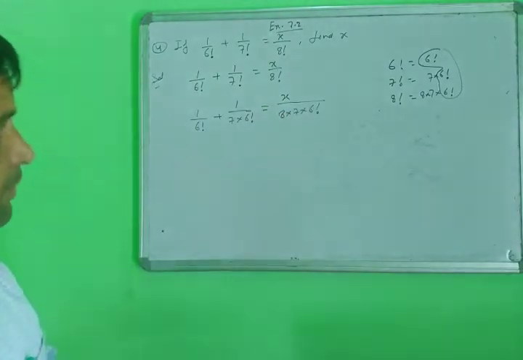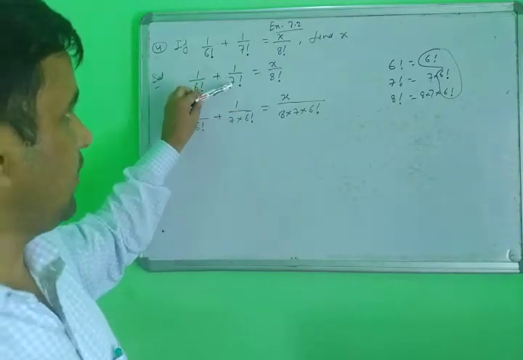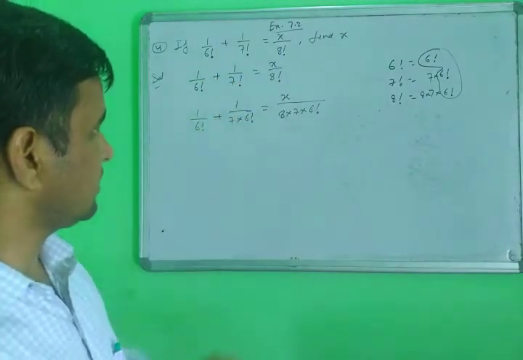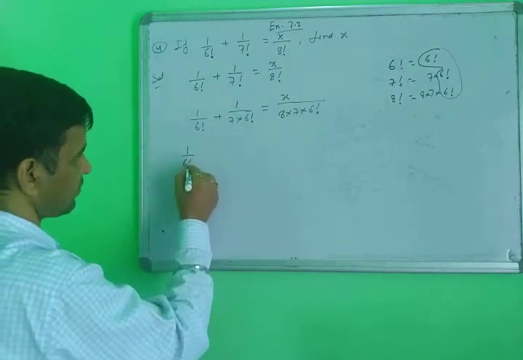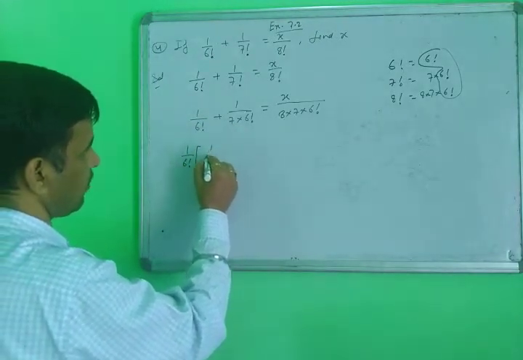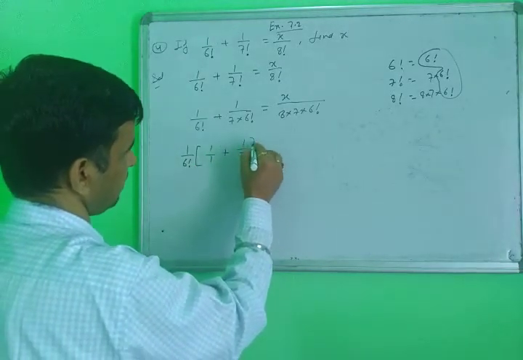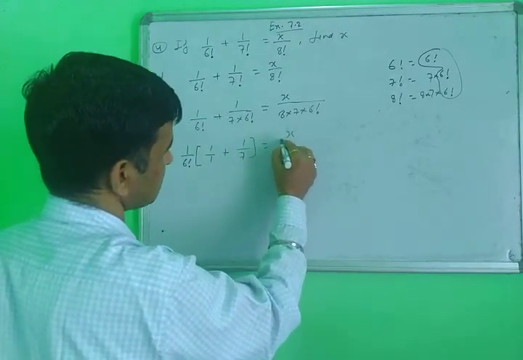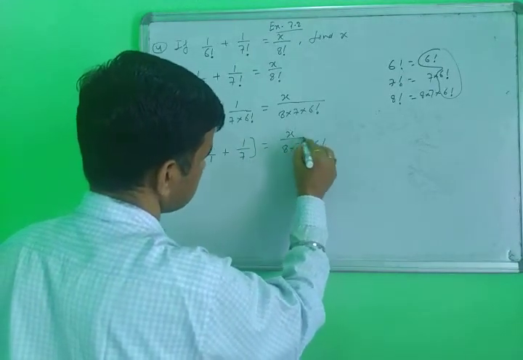First of all, we break down factorial 7 and factorial 8. Then take factorial 6 common here: 1 upon factorial 6 into 1 plus 1 upon 7 equals x upon 8 into 7 into factorial 6.